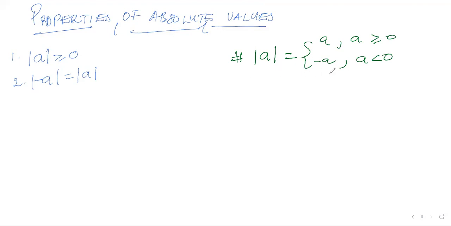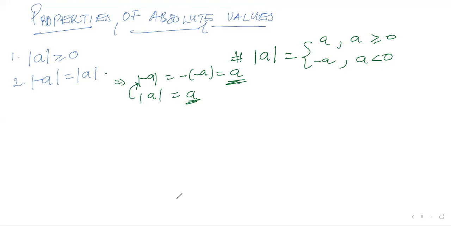That simply implies that negative a under modulus is always the same as negative a, which is always going to be positive a. And modulus of a, as I said on the previous page, a positive number is left as it is. So this is equivalent to that, which suffices our property.